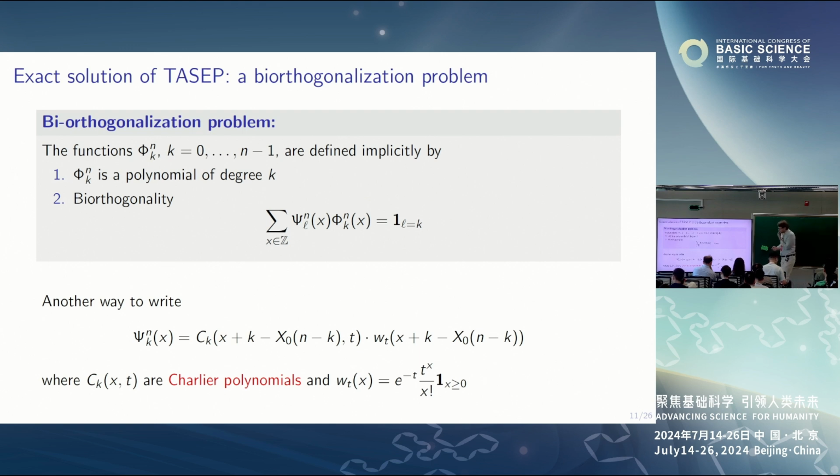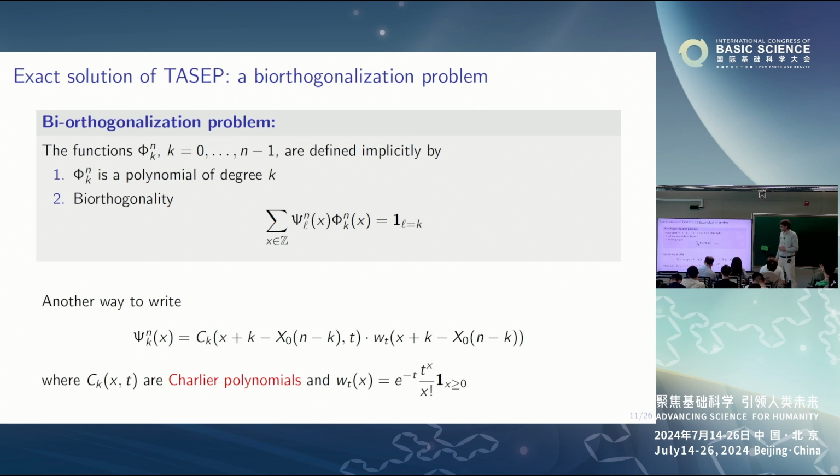So you can immediately see that if you look at the step initial condition, when the first particle has location 0, second has location -1, the next one -2, -3, and so on, then here, x naught n minus k will be just k minus n. And then k cancels out, and what we have is x plus n.